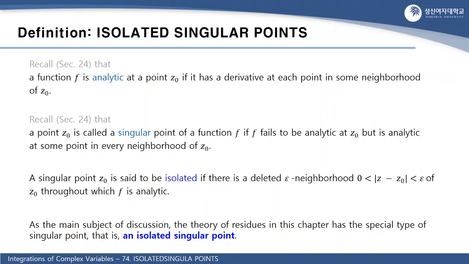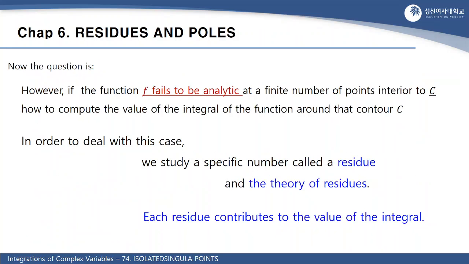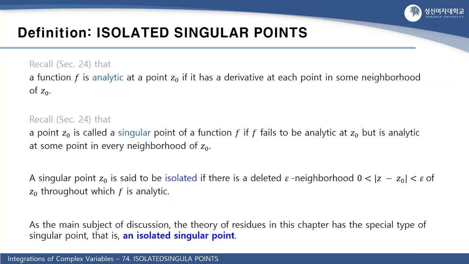Before we go through the details for the residue and the theory of residues, we first look at some examples and some definitions: singular points, isolated singular points. In section 24, we recall that a function f is analytic at a point z0 if it has a derivative at each point in some neighborhood of z0.